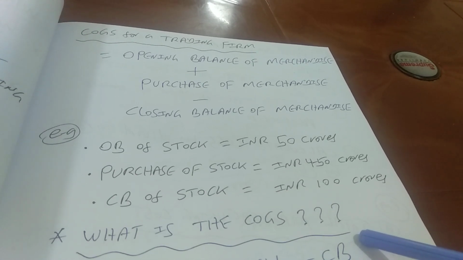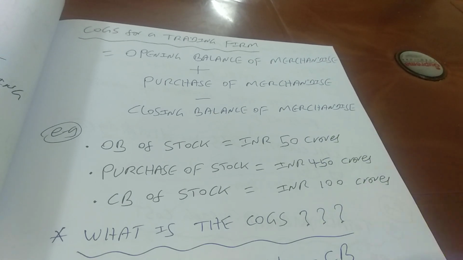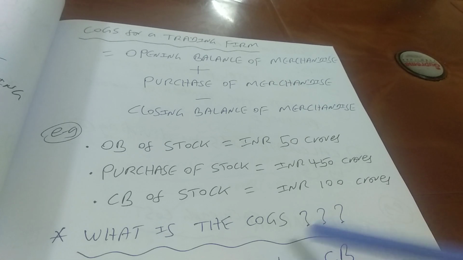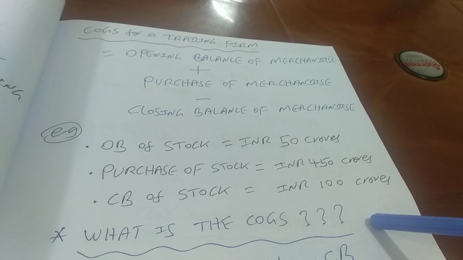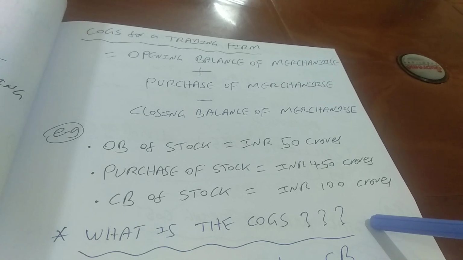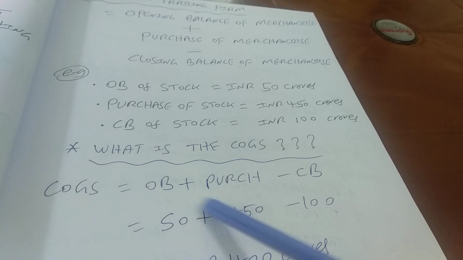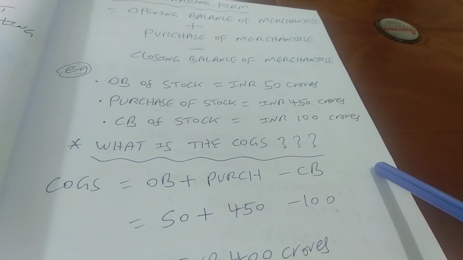Maybe I can give you 2-3 seconds, right? You have the formula here, you have the numbers here. Could you just find out how much is the cost of goods sold for this trading firm in this period? Yeah, so it is basically opening balance plus purchase minus closing balance.